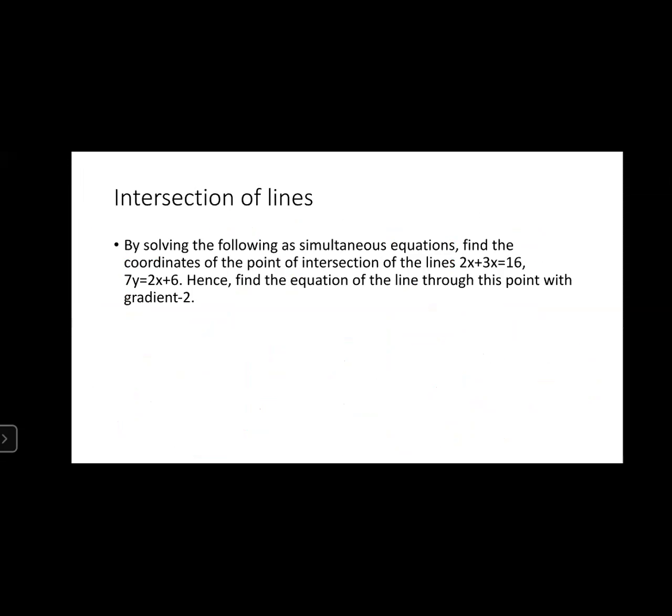By solving the equations simultaneously, find the coordinates of the point of intersection of the lines 2y plus 3x equals 16. Sorry, I made a mistake earlier, so please correct it in your own place.